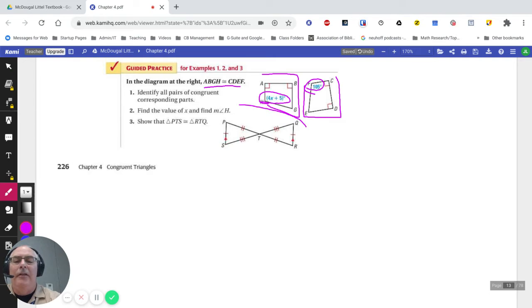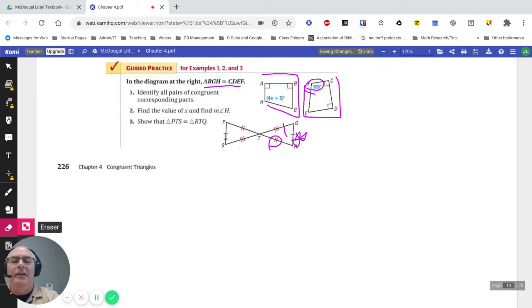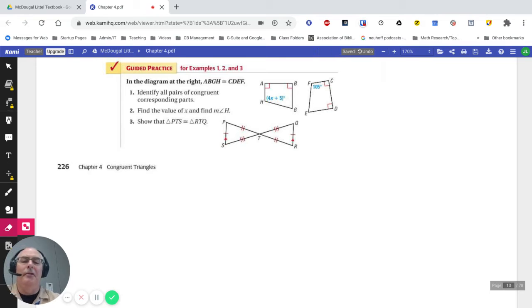For this example, I can see that those sides are going to be equal. Those sides are going to be equal. And then these last sides are going to be equal. Because I know that all three sides are equal, I know that those triangles are going to be congruent.